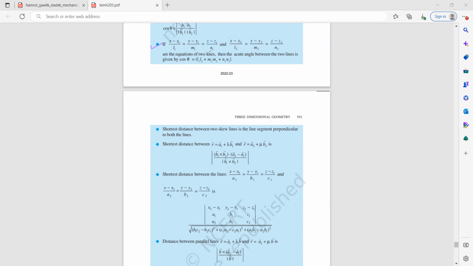They are the equations of two lines. Then the acute angle between the two lines is given as cos theta equals l1 l2 plus m1 m2 plus n1 n2, and take the mod. This whole is line 2 and this whole is line 1.